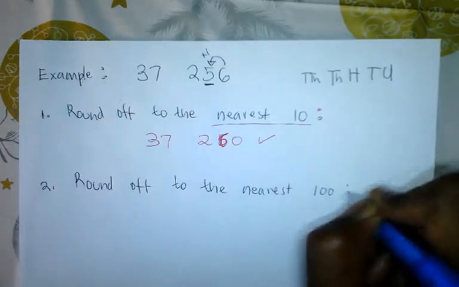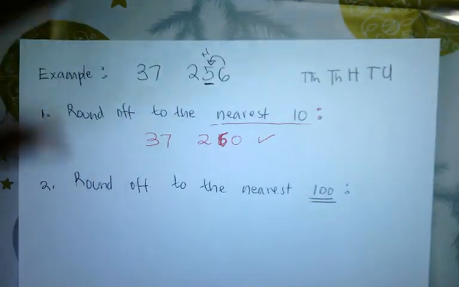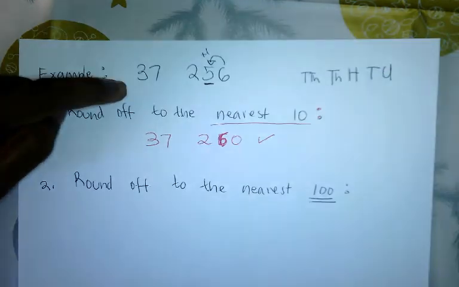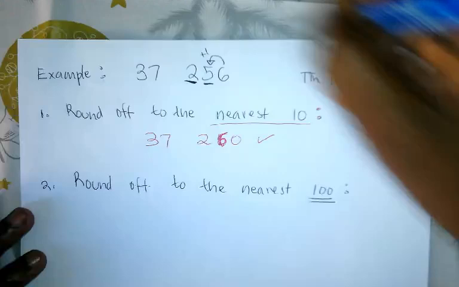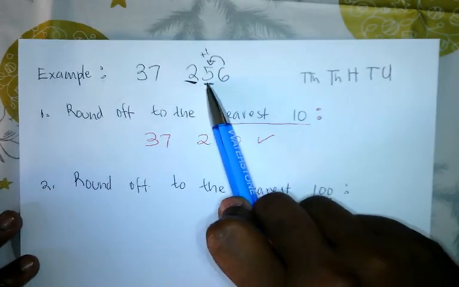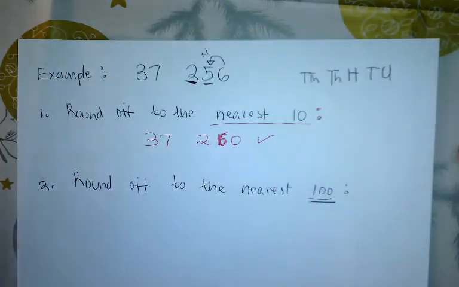So we use the original question that they gave us, not this one. We go back to our question there, and then the 100 is by 2 now. Are we all clear? So what is the number next to 2? 5. Is it more than 5 or less than 5? It's 5. And what did we say?